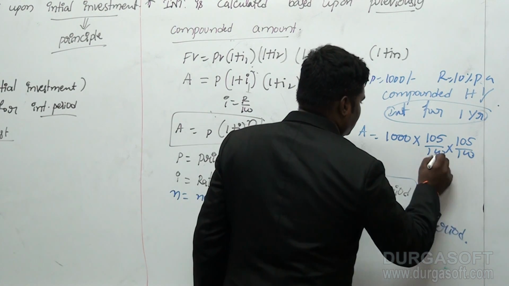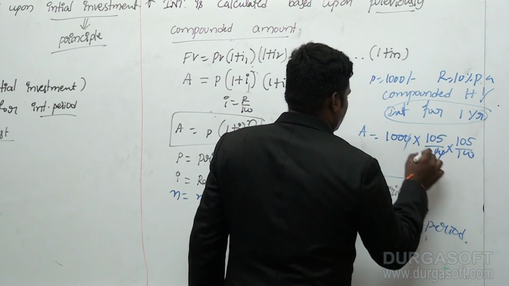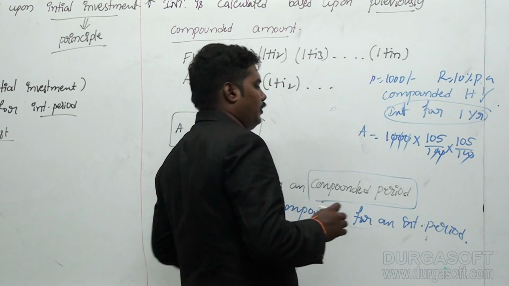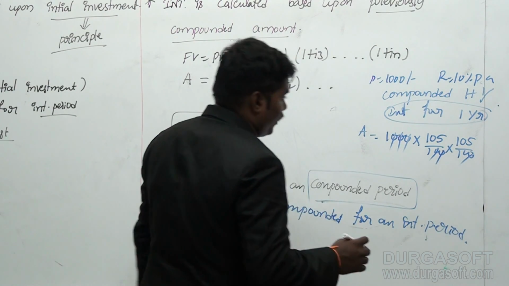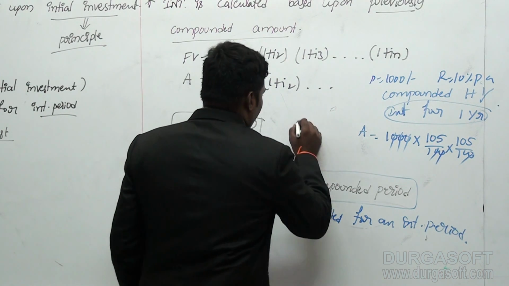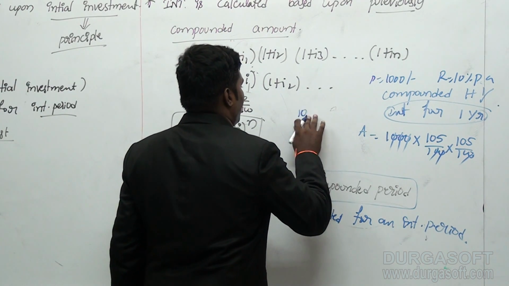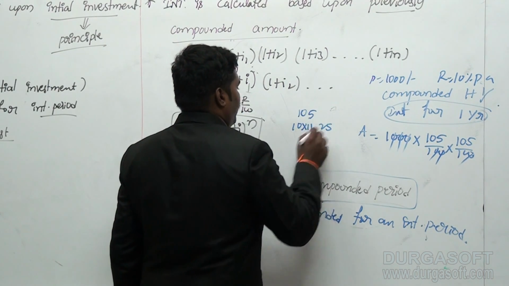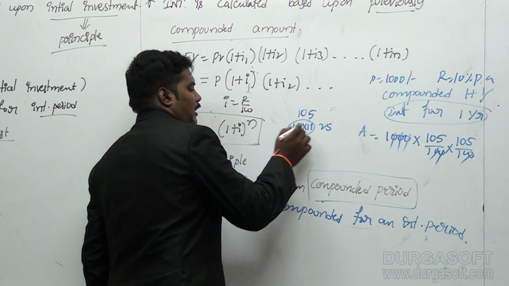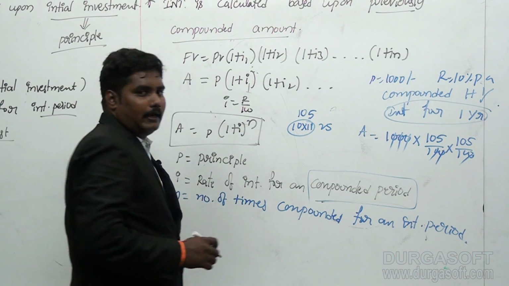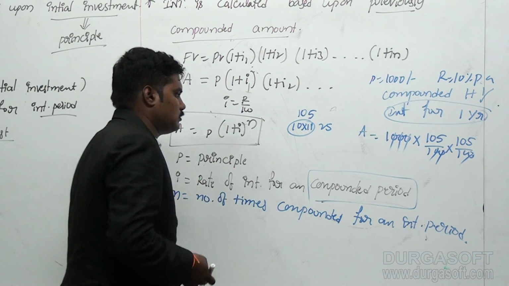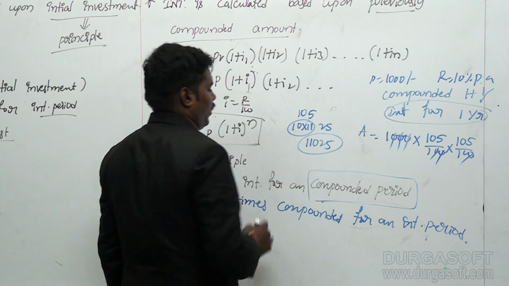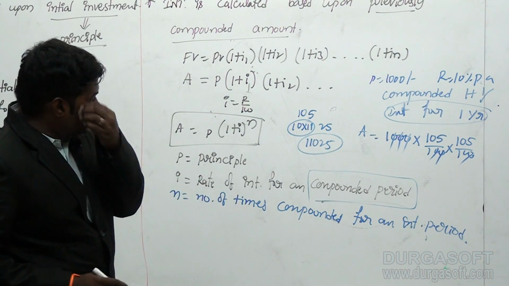When you cancel the zeros, 105 into 105 you can get the value 10 into 11 and 25 at the last. 10 into 11 means 10 tens, 100, and 10 ones, 10, that is 110, 110 25. So 11025.